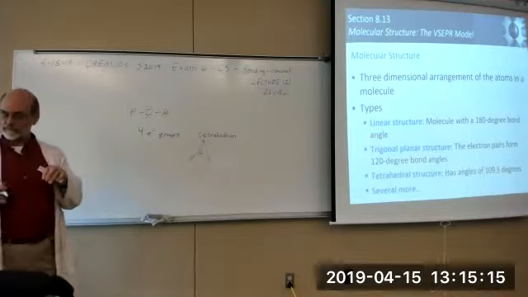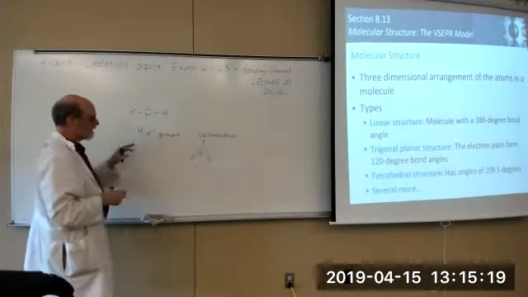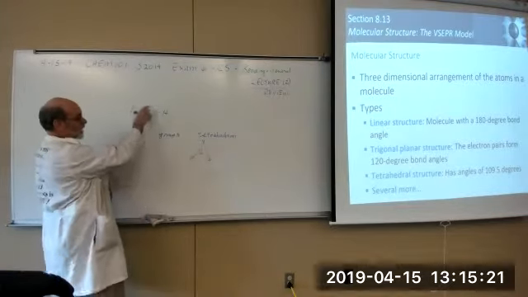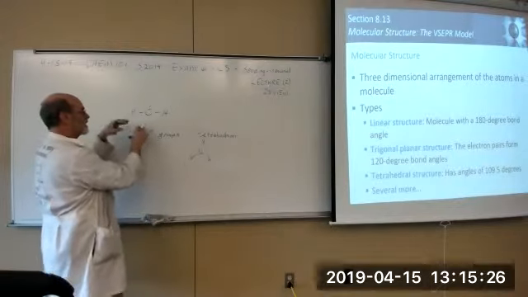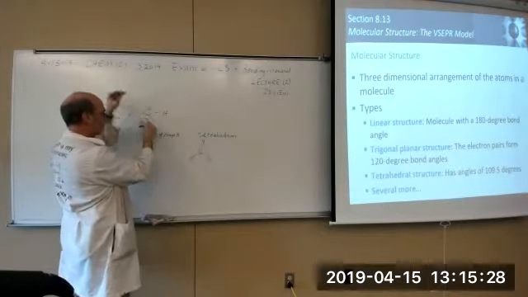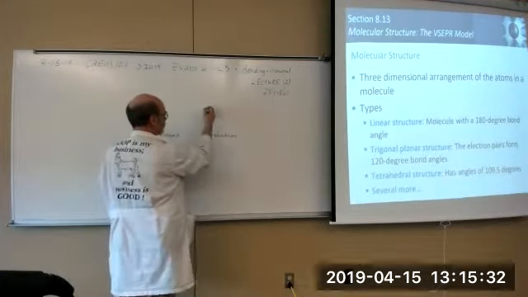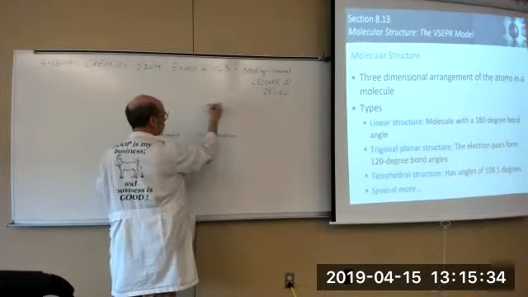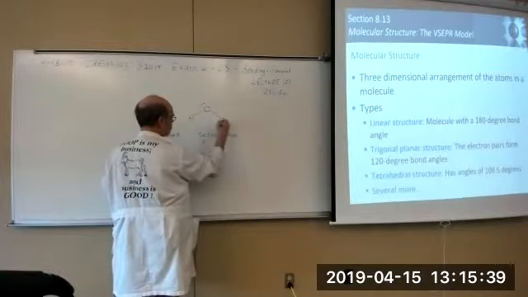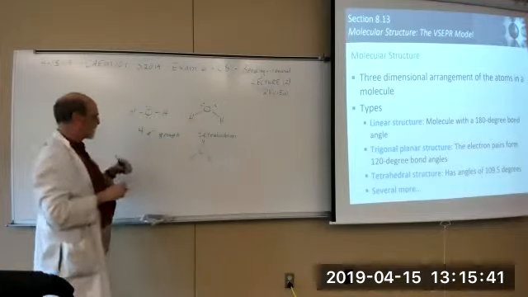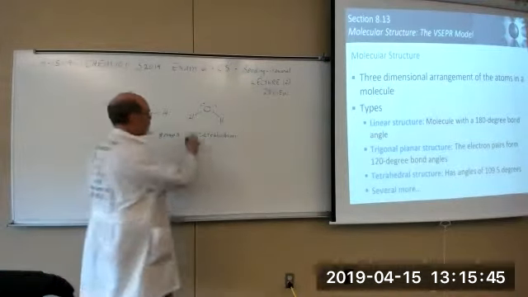Okay? That's a tetrahedron. Now, what does that mean for the geometry of the molecule? Well, it's not like this unless you can envision the electron pairs going back into the board and the hydrogens coming out of the board. But it's easier to look at it this way. The reason I say that is this is the electronic geometry.